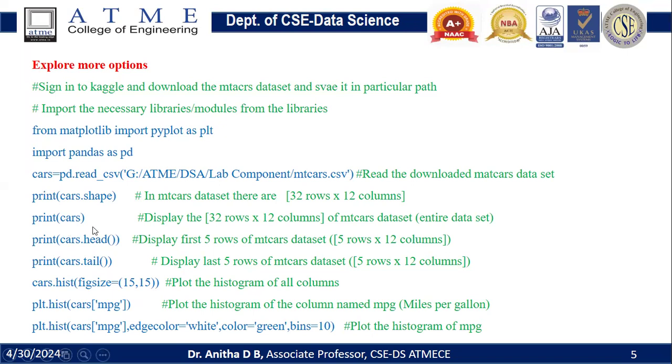As the name itself indicates, head will display the first 5 rows of the mtcars dataset. Then the next line, print cars.tail(). As the name itself indicates, it will display the last 5 rows of the mtcars dataset.